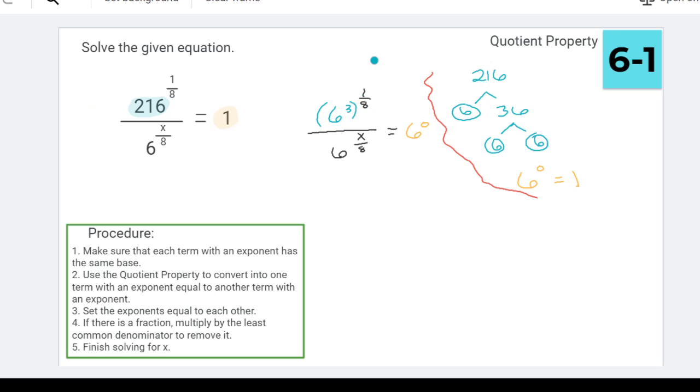So the first thing I'm going to do is use my power of a power property right up here at the top, because I have 2 exponents with this 6 and I don't want 2 exponents, I want just 1. So the power of a power property says that I can multiply those 2 exponents together, and that's what I'm going to do. So 3 times 1/8 is 3/8. So the top of this ugly fraction is now 6 to the 3/8.